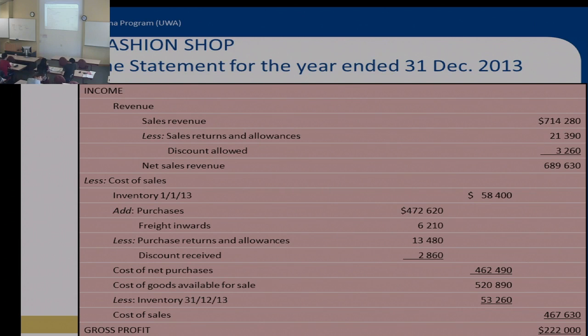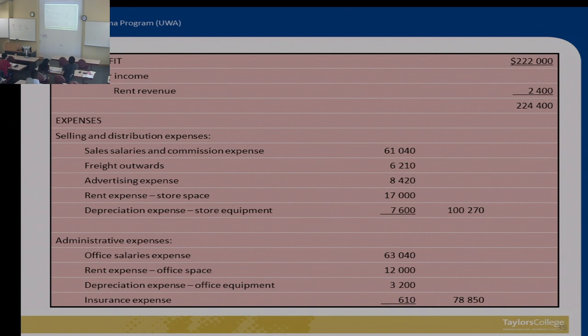Then we go on to the next slide, which will give us the rest of the information for this particular business. They had some other income from something or other. Oh, here we go, rent income, rent revenue. So we've got our total gross profit there. Then we're going to separate our expenses into either selling and distribution expenses, administrative expenses, or finance expenses on the next slide.